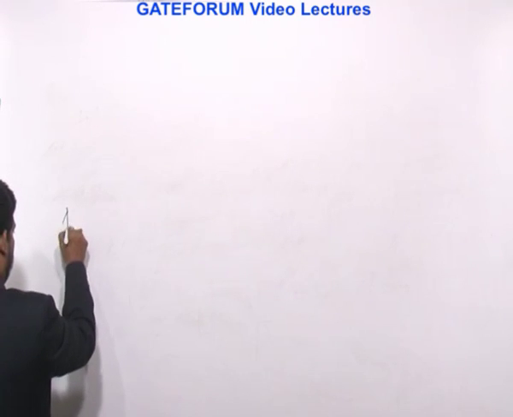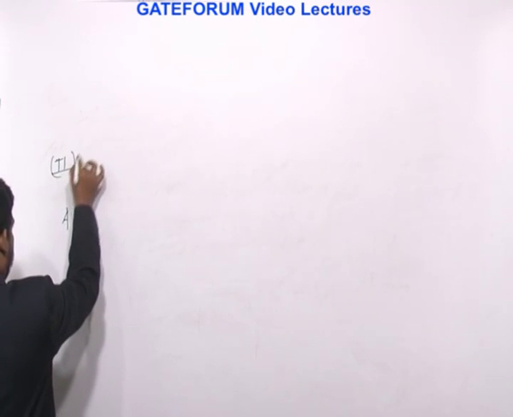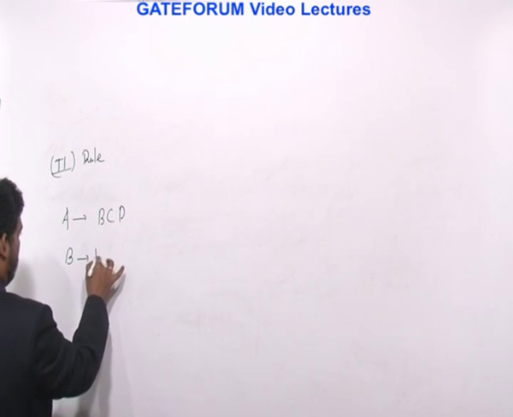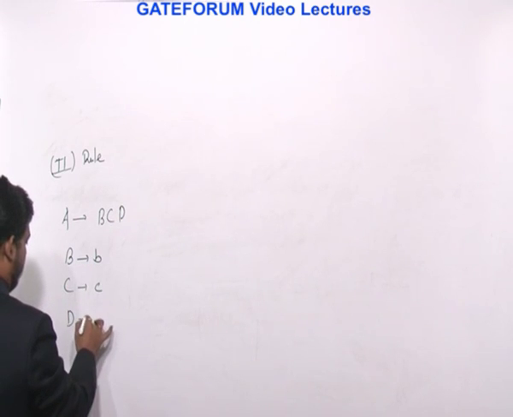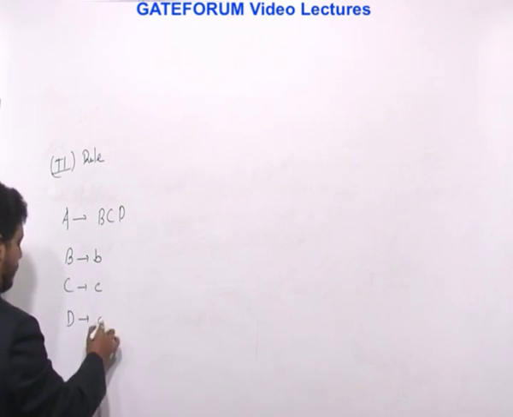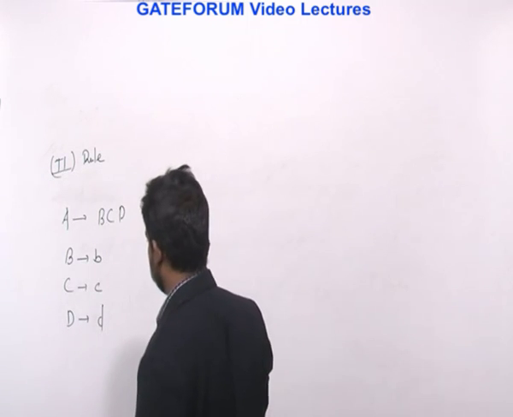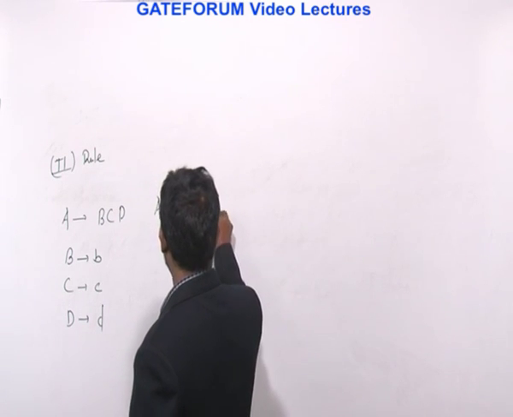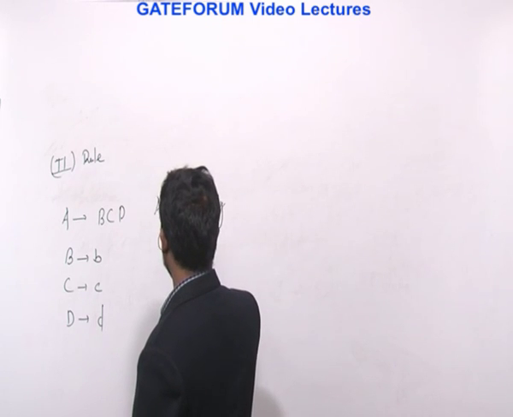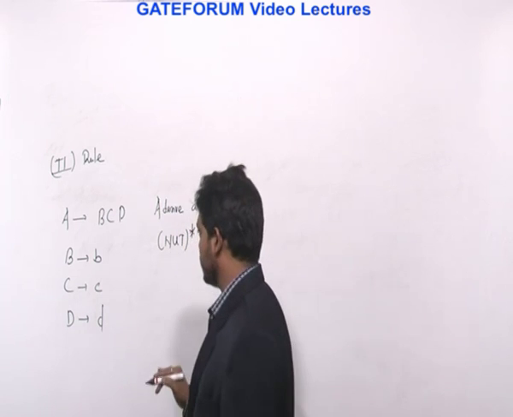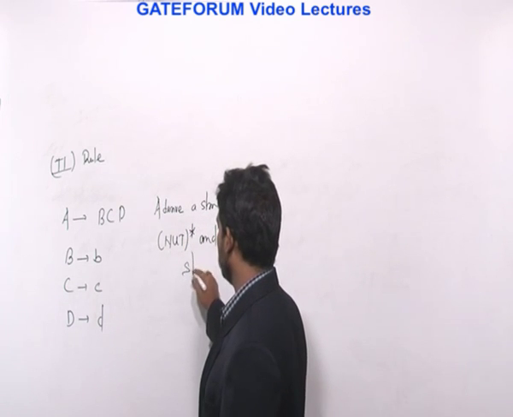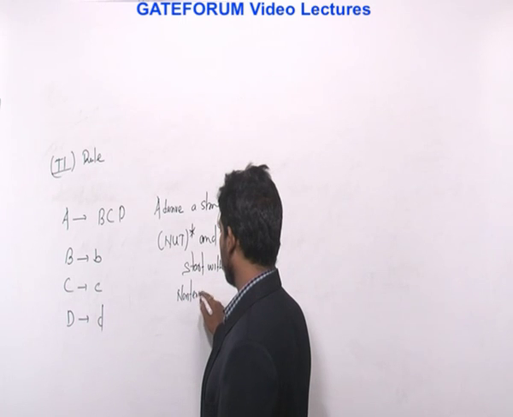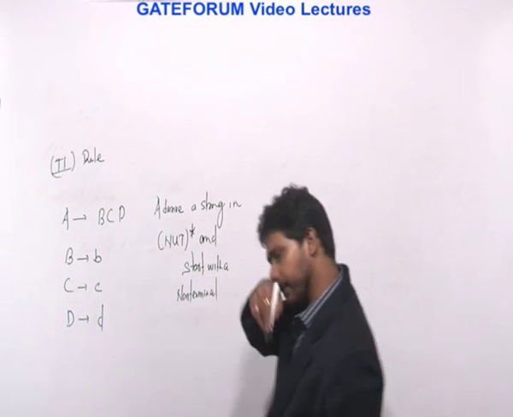Okay, now the second rule is that if A derives B C D, and B derives small b, C derives small c, and D derives small d, that means A derives a string in (non-terminal union terminal)*, anything, and it starts with a non-terminal.